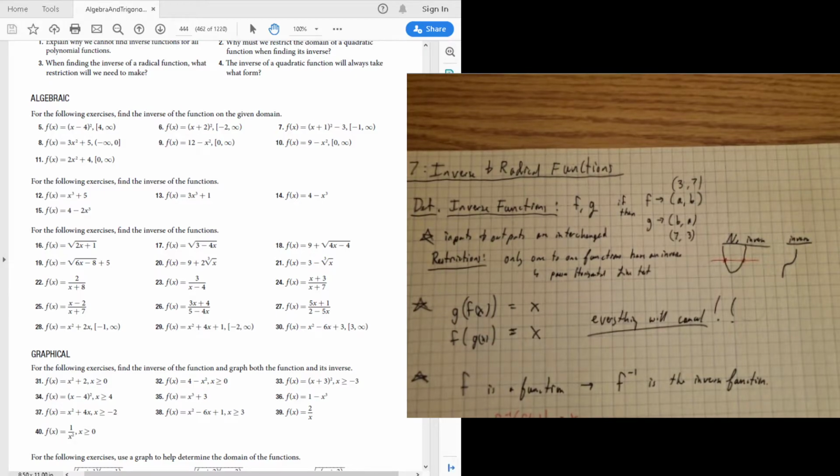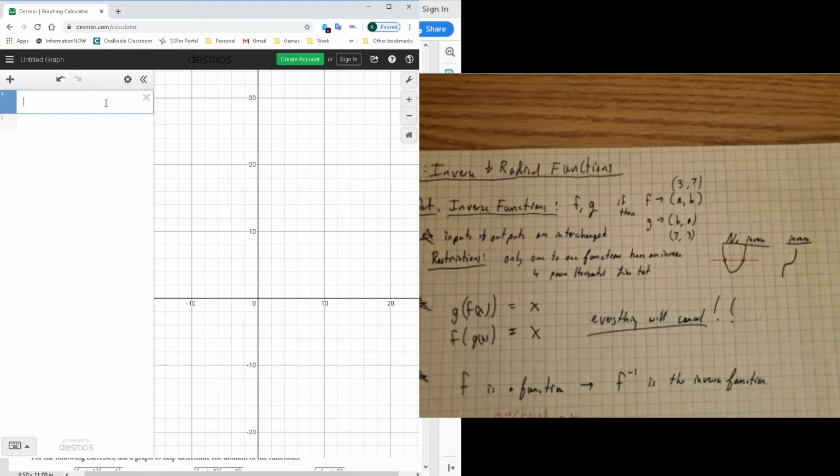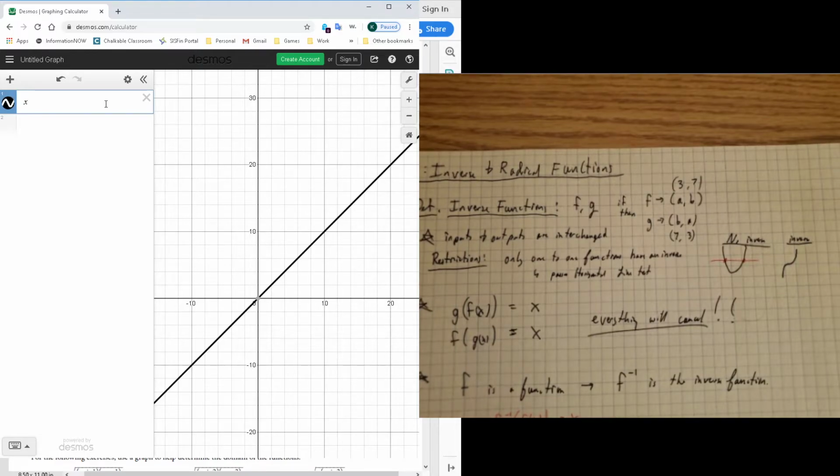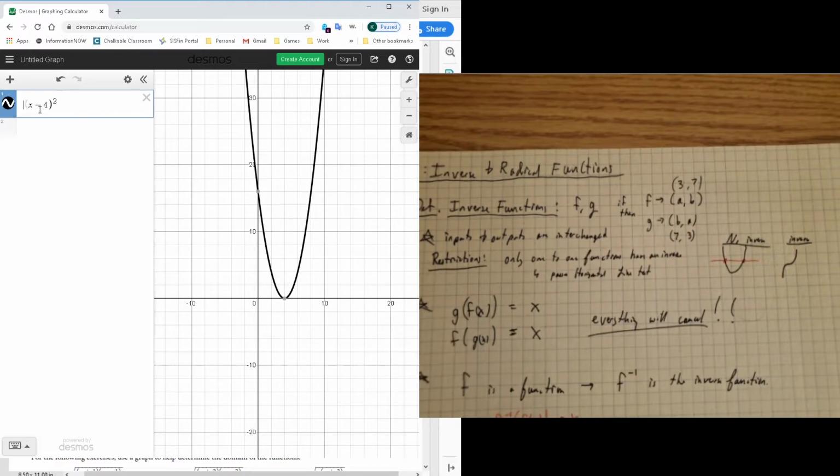If I was to graph this function, which I will do now, the function was (x minus 4) to the second. This function fails the vertical line test.